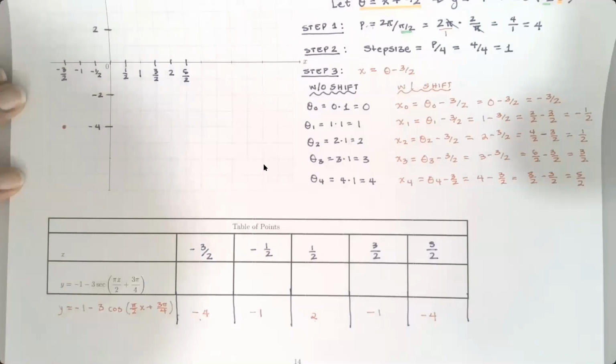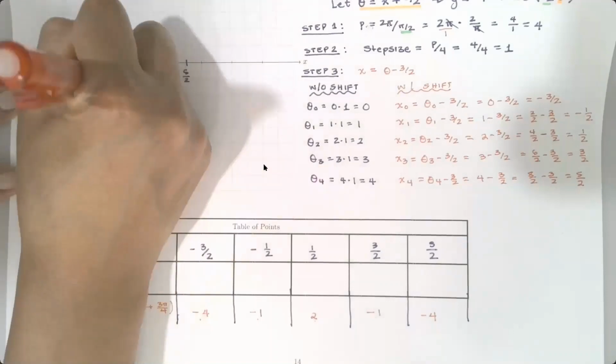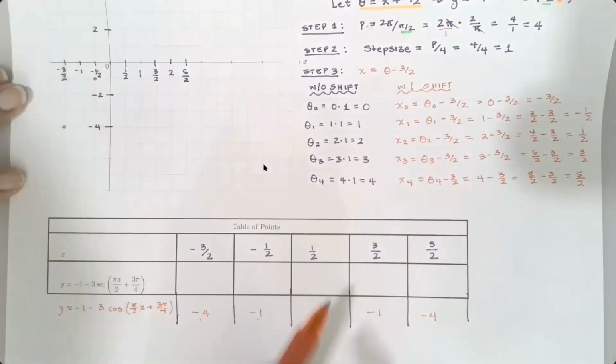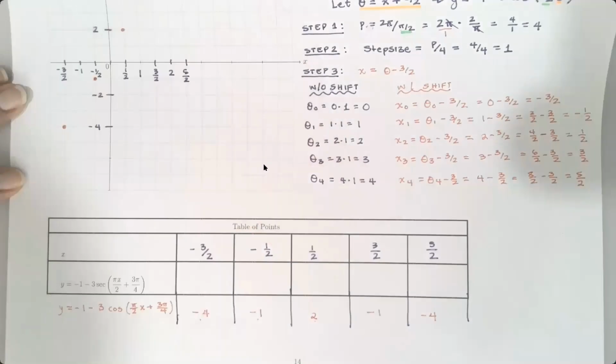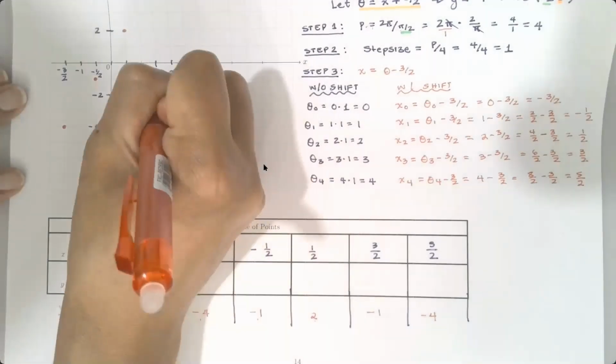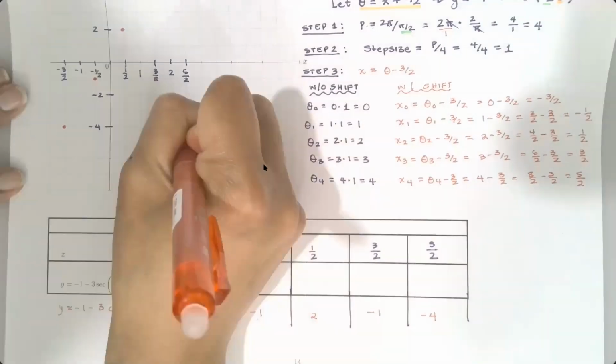Then we have negative 1/2 comma negative 1, that would be here. Then 1/2 comma 2 would be here. 3/2 comma negative 1 is there. And the final one is 5/2 comma negative 4, so that would be here.